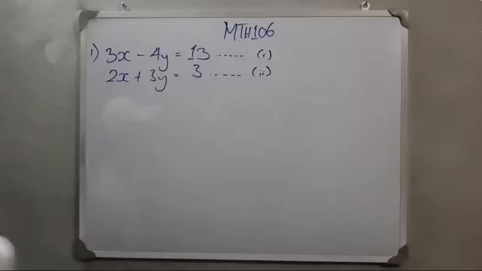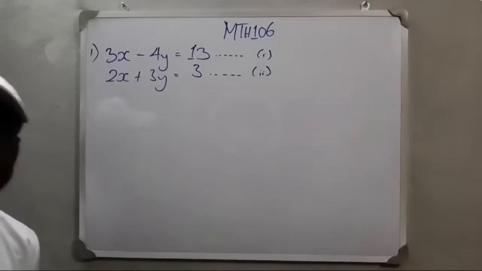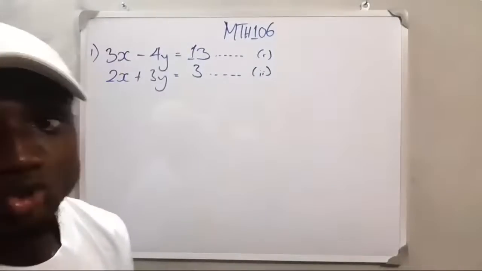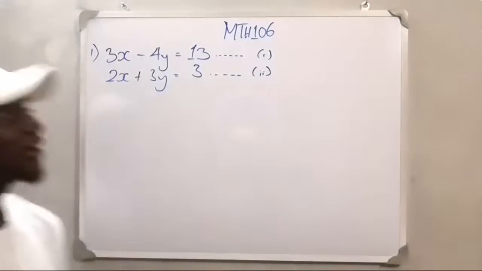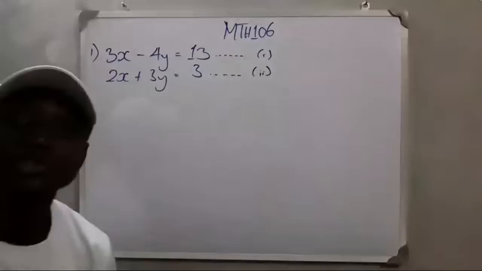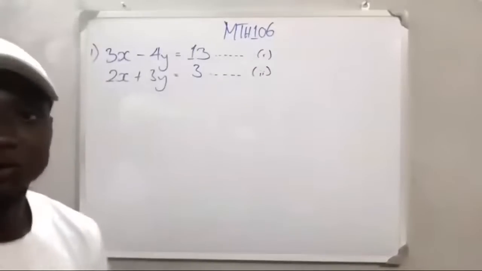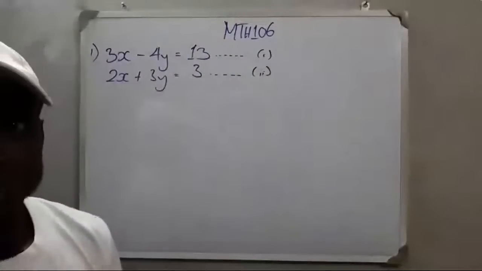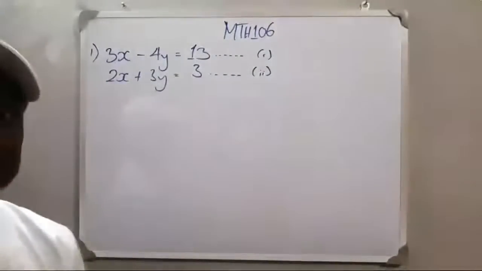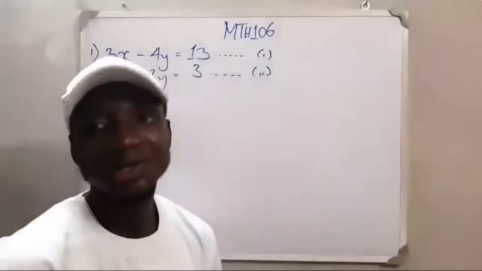So we've been treating the topic simultaneous equation for quite a while now. If I'm not mistaken, this is the third class on the topic, and we've been taking a series of questions, and in every question we solve, we've been able to get a thing or two, considering different approaches, different methods, and different strategies.